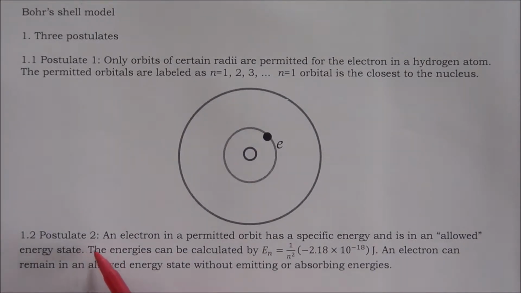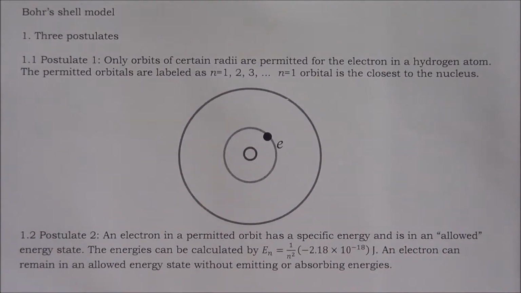It says an electron in a permitted orbital has a specific energy, and we say the electron is in an allowed energy state. The energies can be calculated by this equation. The energy of the nth orbital is equal to 1 divided by n squared multiplied by negative 2.18 times 10 to the negative 18 joule.